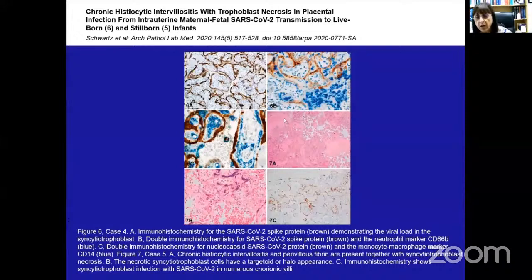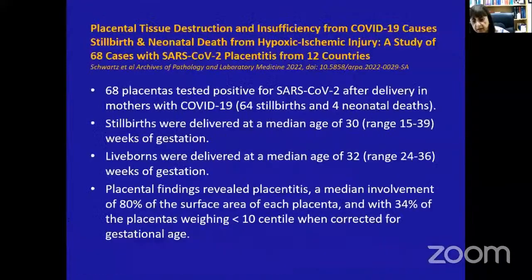You see lots of fibrin deposition, perivillous fibrin deposition. You see syncytial trophoblasts that develop vacuolization. And you see massive invasion with histiocytes. So again, this is a second placenta, the same thing. The villi are surrounded by spike protein, and within the villi, instead of seeing normal cells, what you see is inflammation and perivascular inflammation as well.